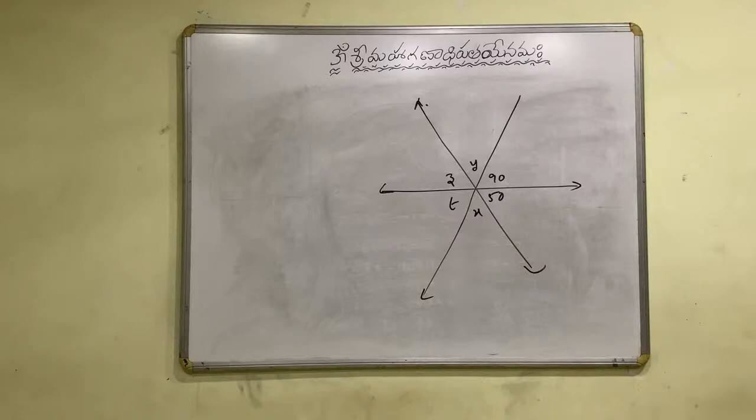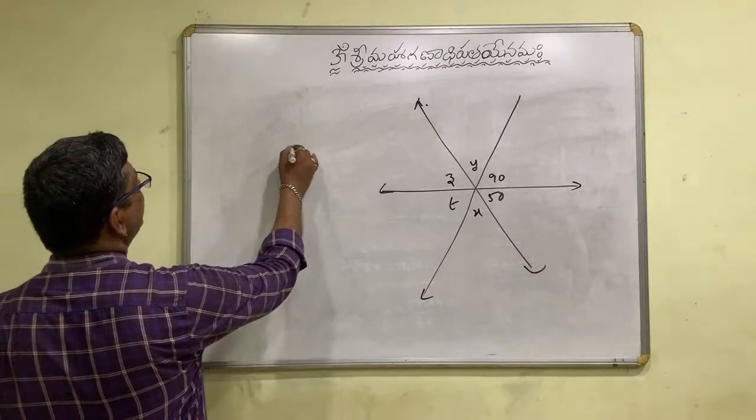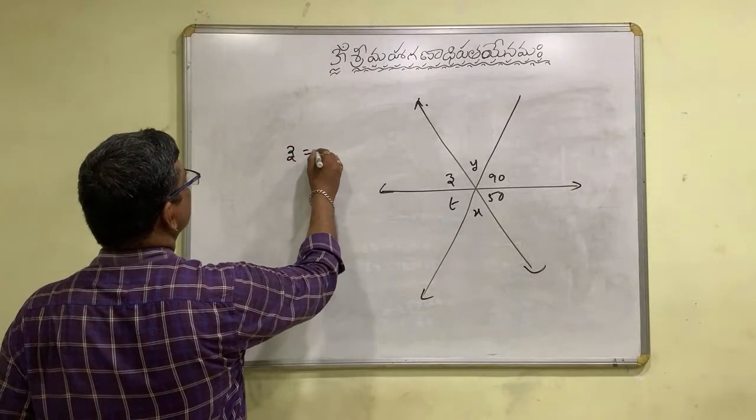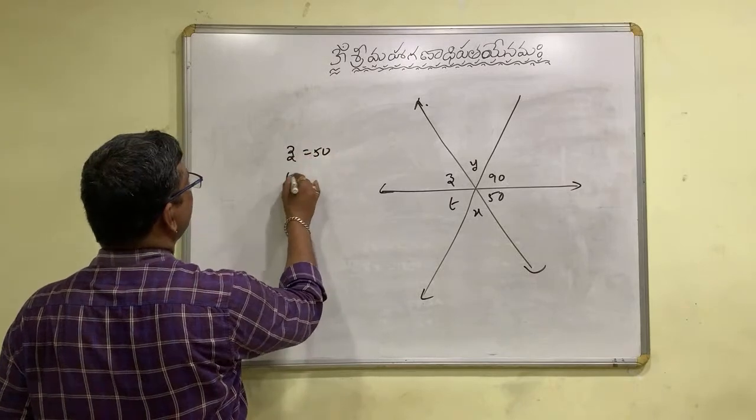Z is equal to 50, vertically opposite angles. T is equal to 90, vertically opposite angles. So Z is 50, T is 90. X is 40, na. How? Z is 50, vertically opposite. T is 90.